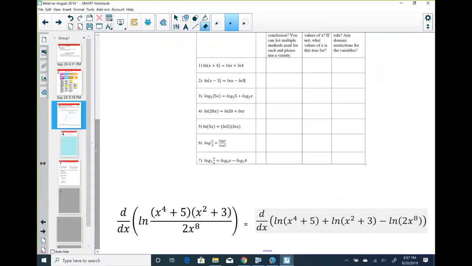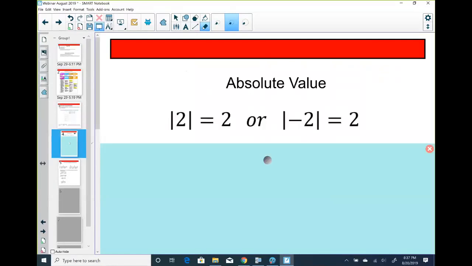I would much rather expand that logarithm and use those logarithm properties to make it easier to find the derivatives. So having students in levels like pre-calculus and Algebra 2 work with their technology and explore these properties is very helpful to help them remember these equivalent expressions.